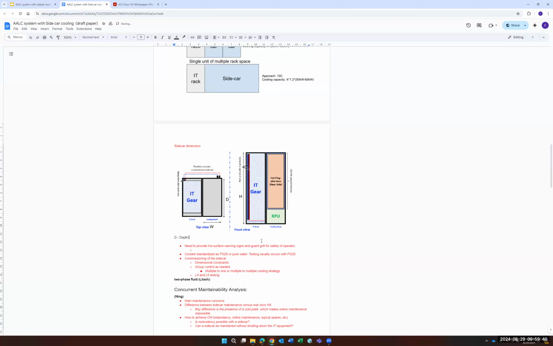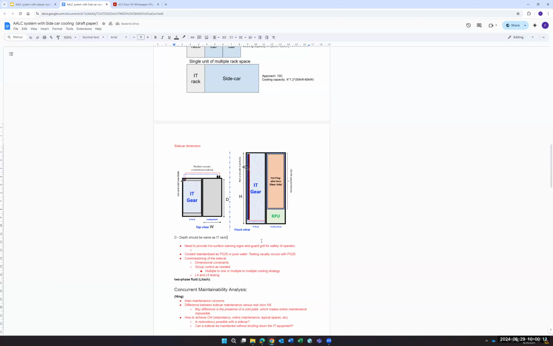That would be the same as the IT rack. Should I leave it at OCP v3?